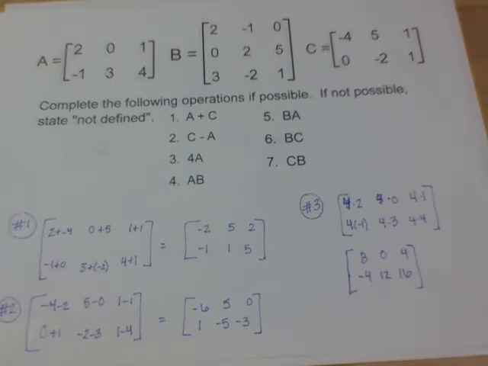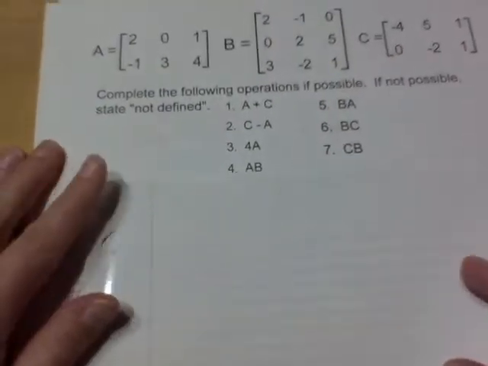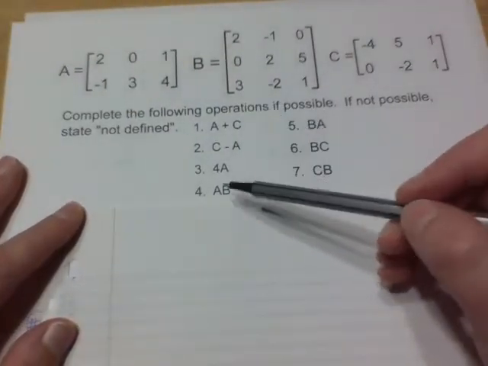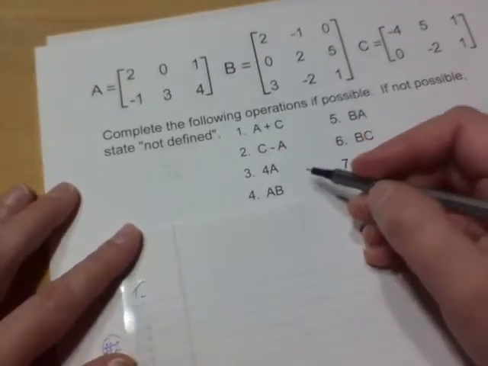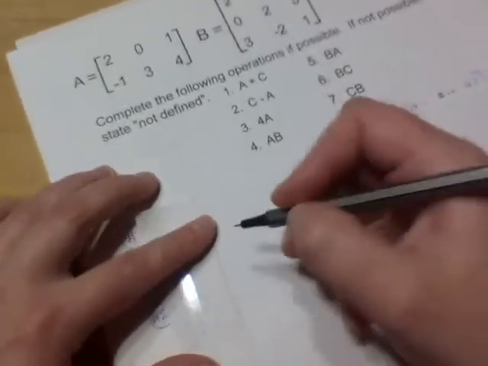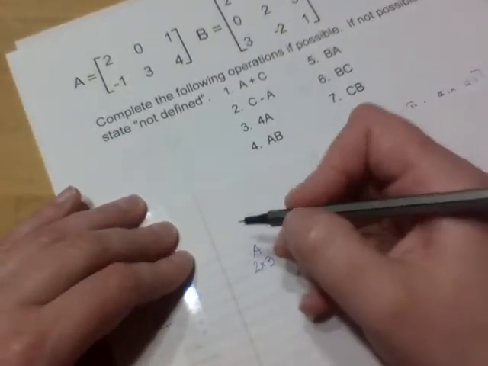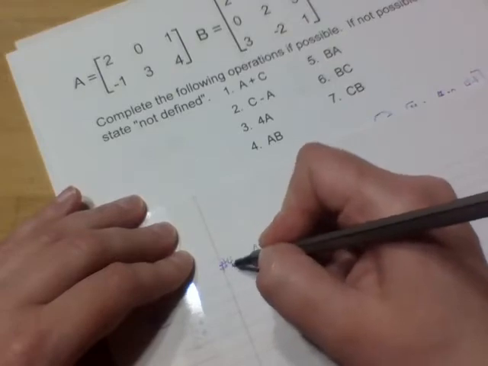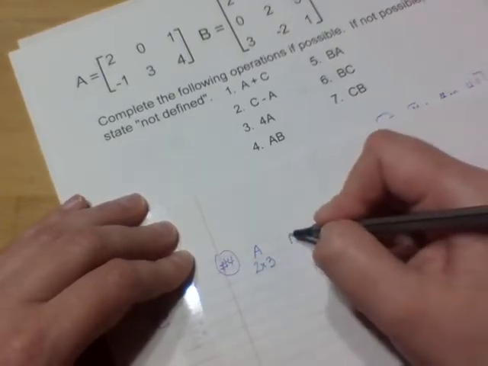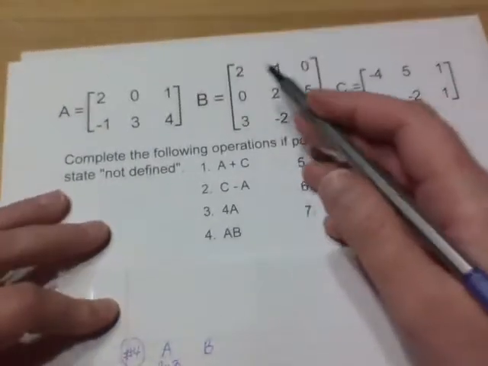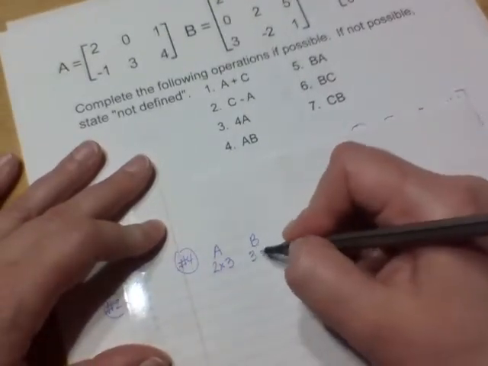Then in number 4, we're trying to multiply matrix A times B. So matrix A is going to be a 2 by 3 matrix. And matrix B is a 3 by 3 matrix.